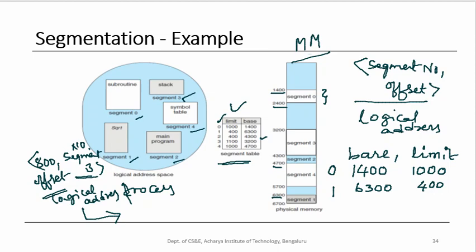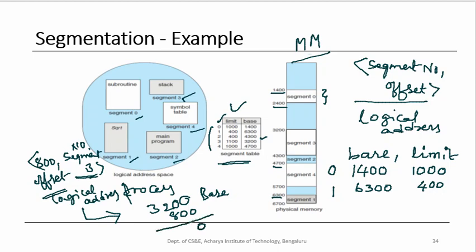Now this segment number is used to index into the segment table. What is the segment number here? It is 3. So at 3, what we have is the base address, that is 3200. To this base address the offset 800 is added. How do we ensure memory protection? That I'll discuss in the next slide, but it is added.